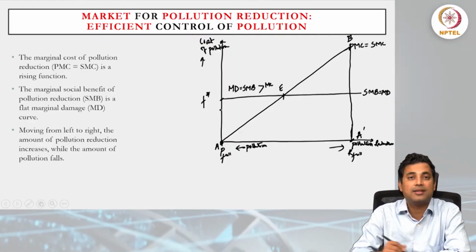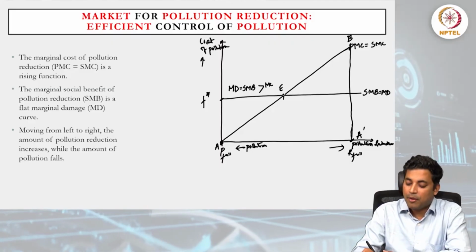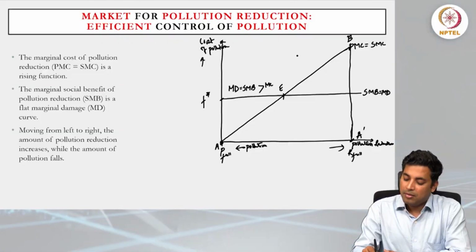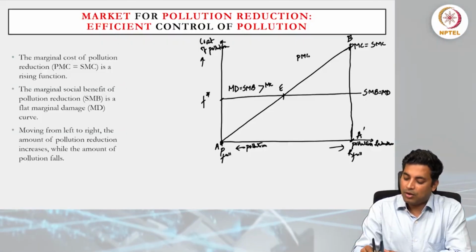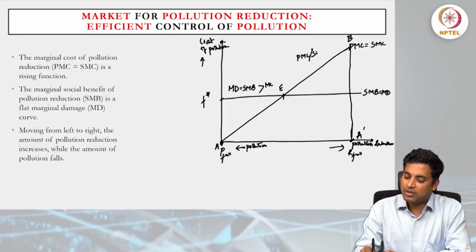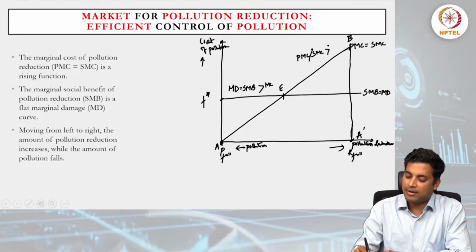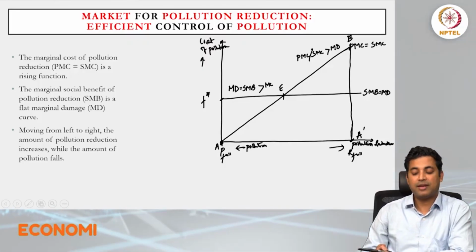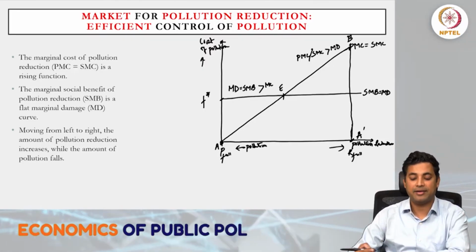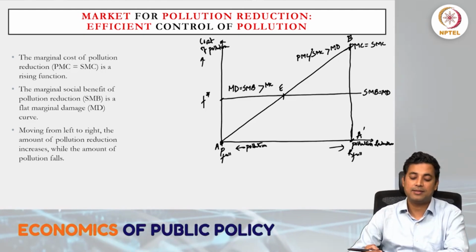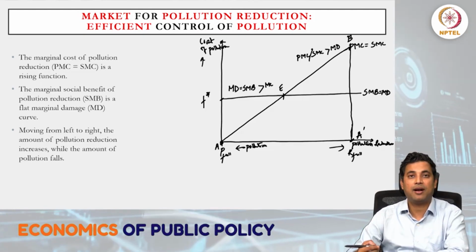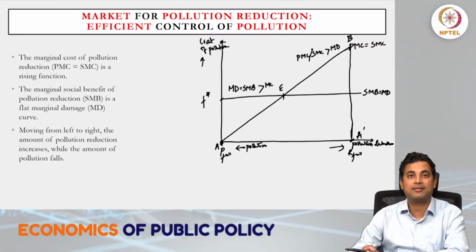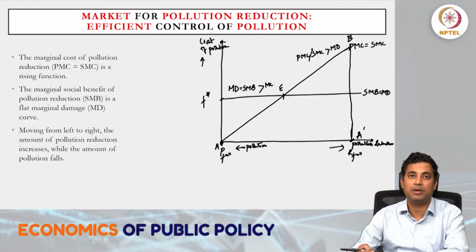After point B, private marginal cost or social marginal cost is higher than marginal damage. Obviously when cost is getting higher and higher than the marginal damage, it means there is an effort to reduce the pollution.